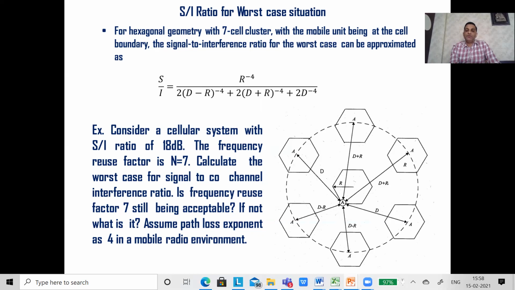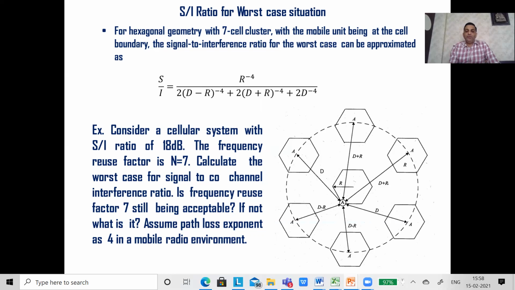The frequency reuse factor is 7. Calculate the worst case signal to co-channel interference ratio. Is frequency reuse factor 7 still acceptable? If not, what is it? Assume path loss exponent as 4 in the mobile radio environment.